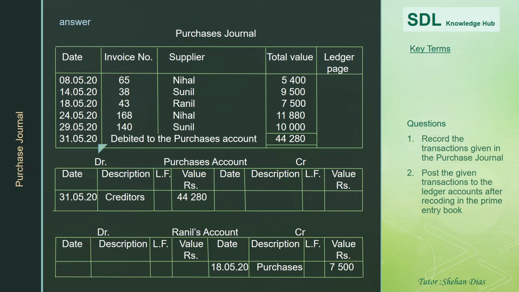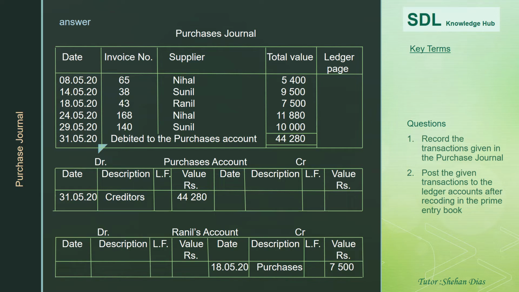So 200 into 30 is 6,000 and you have to deduct the 10% trade discount. 10% of 6,000 is 600. So from 6,000, 600 deducted, 5,400 is the after discounted price which is recorded in the purchase journal. So supplier Nihal, 5,400.